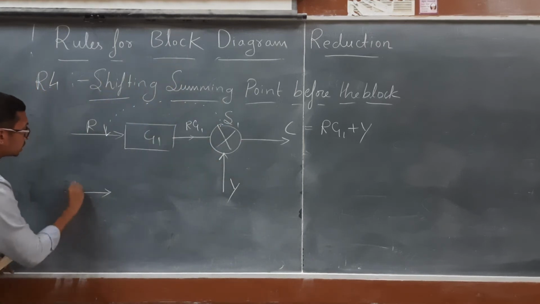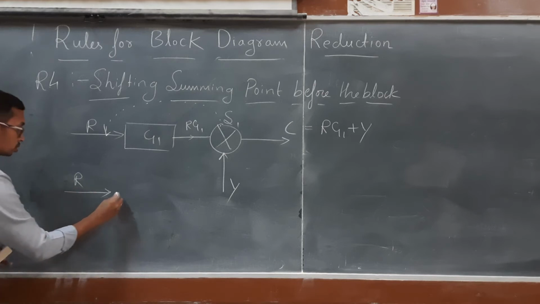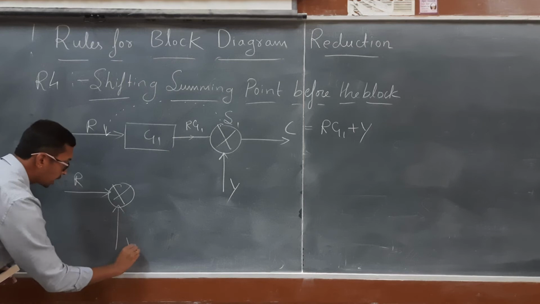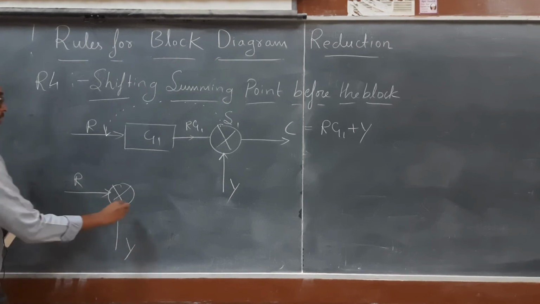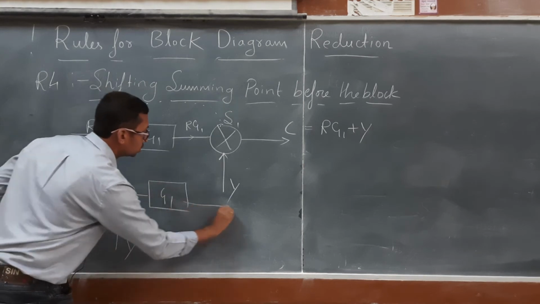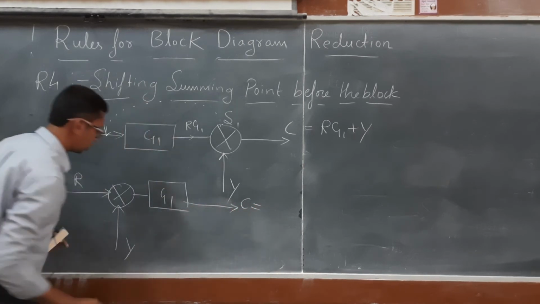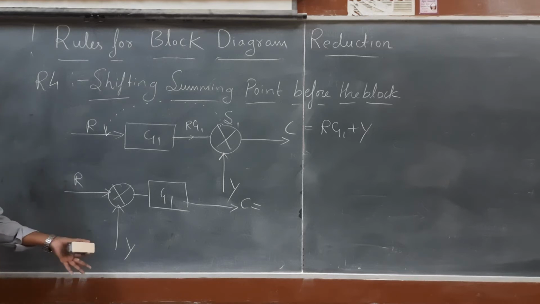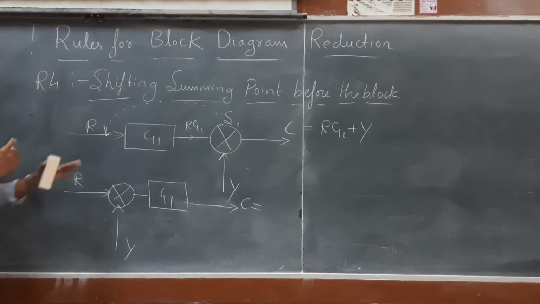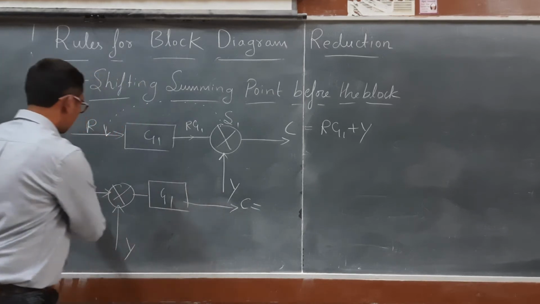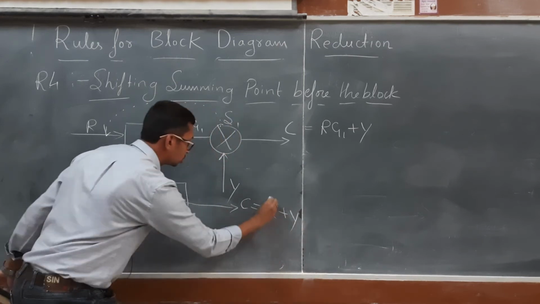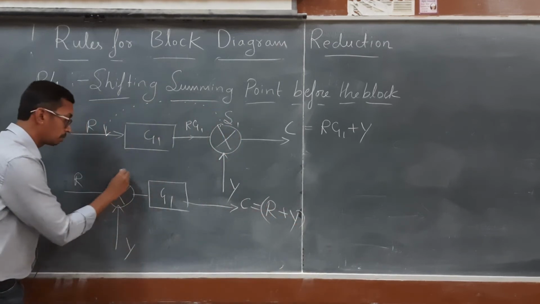So what will be the output? I am shifting summing point 1 with the input signal of Y, so R comes in. Here we have G1, and C is the output. What is the output after shifting the summing point over here? This will be R plus Y, the output from summing point 1.